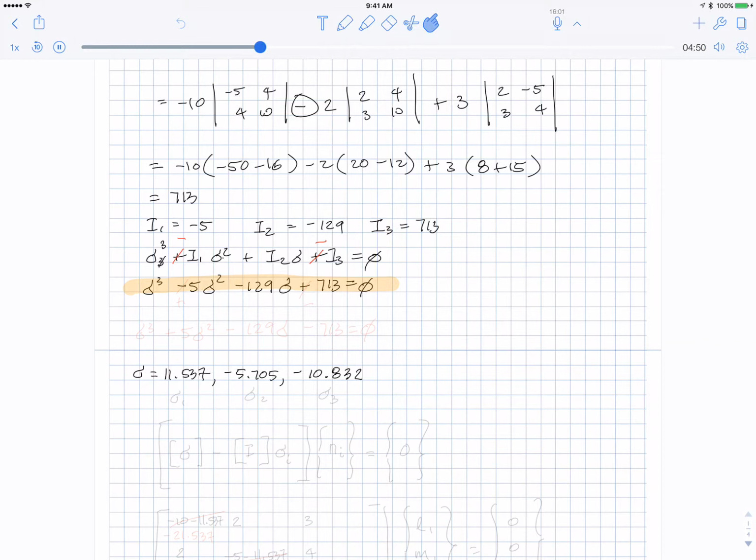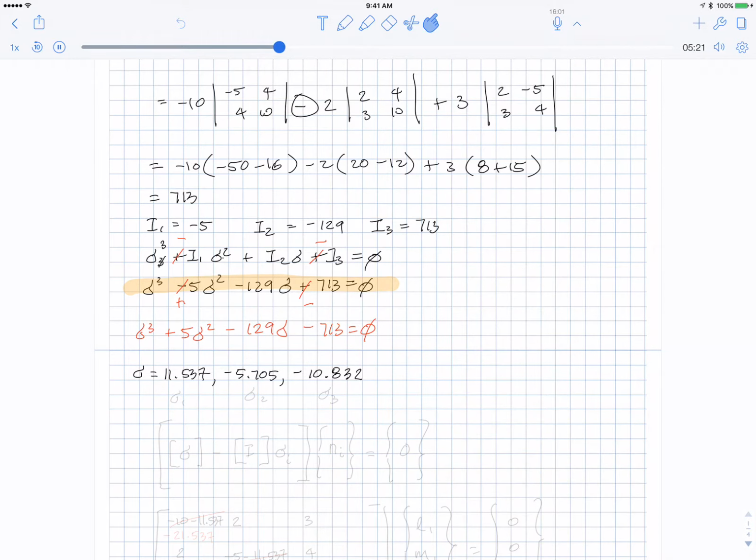So we're trying to solve sigma cubed plus 5 sigma squared minus 129 sigma minus 713 equals 0. Now I'm going to plug this equation into my solver and see what we get.